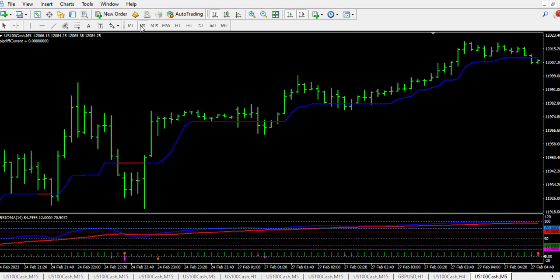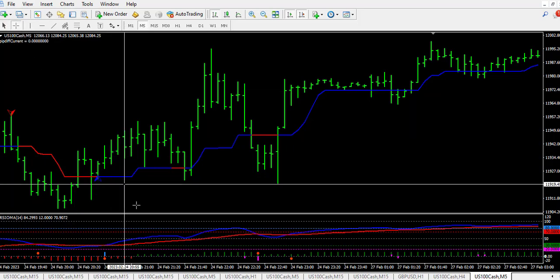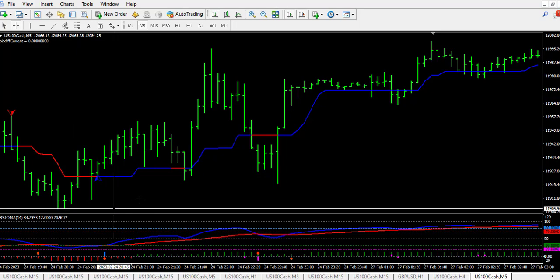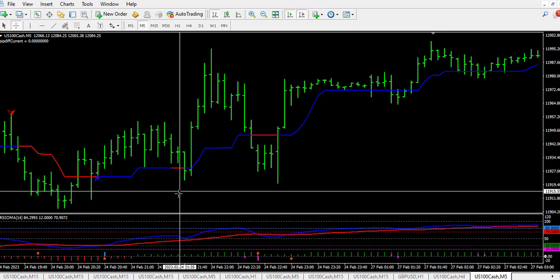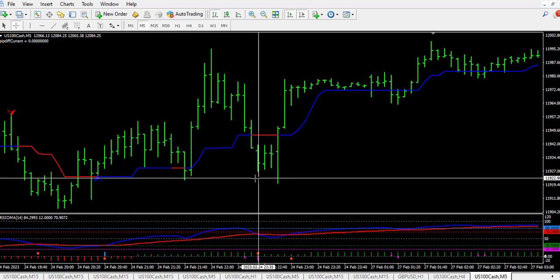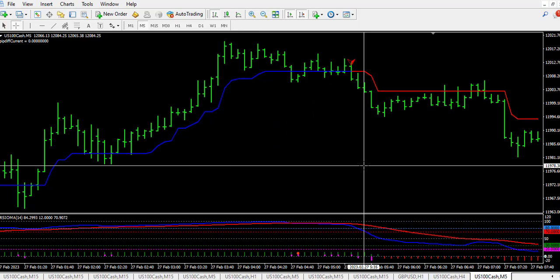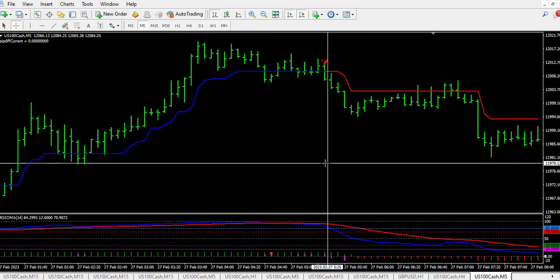But you are going to have a lot of winning trades if you allow the three indicators to be in agreement. Like at this point, we have all three indicators in agreement for a buy. Though this changed for a sell here, I'm not going to enter that trade. And here we have another sell, but the arrow is not present until this point where all three indicators are in agreement.